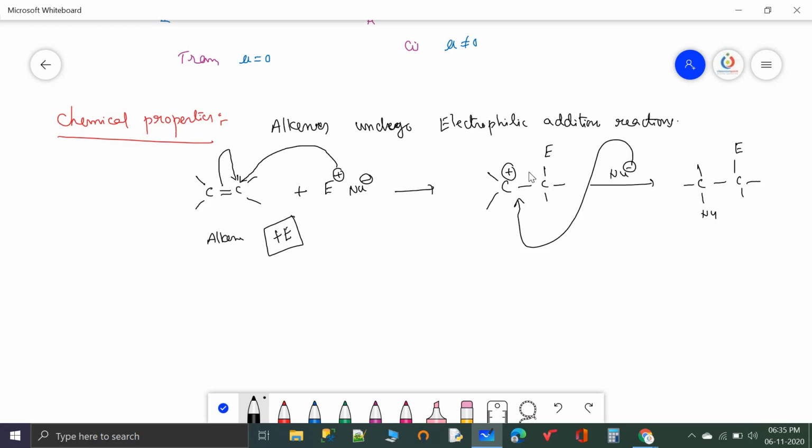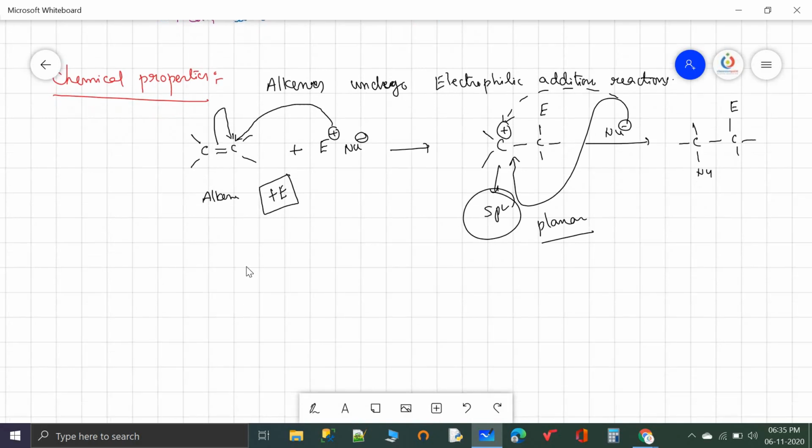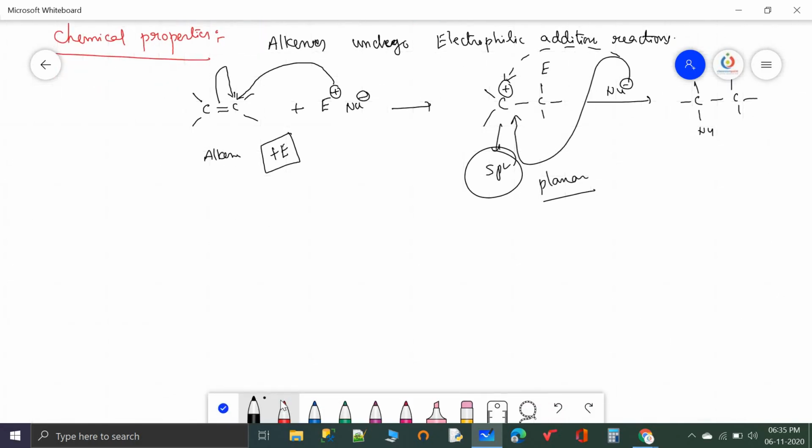Even the nucleophile may approach the carbocation from the same side. Why? Because the carbocation is sp2 hybridized and the shape is planar. So the nucleophile can approach the carbocation from either side. We are not discussing much about these, as they were discussed in the reaction mechanism. You can just turn over those pages.